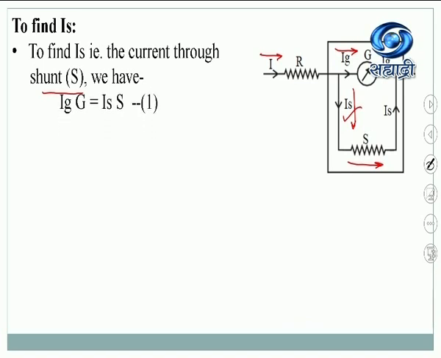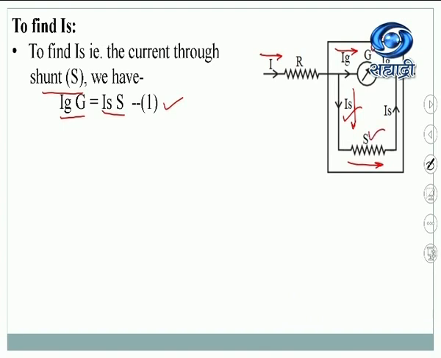Now see here, always remember, when we convert a galvanometer into an ammeter, the two equations are very important. We had seen in the last lecture. One is that Ig into G equal to Is into S. How we get this equation? Because G and S are connected in parallel.